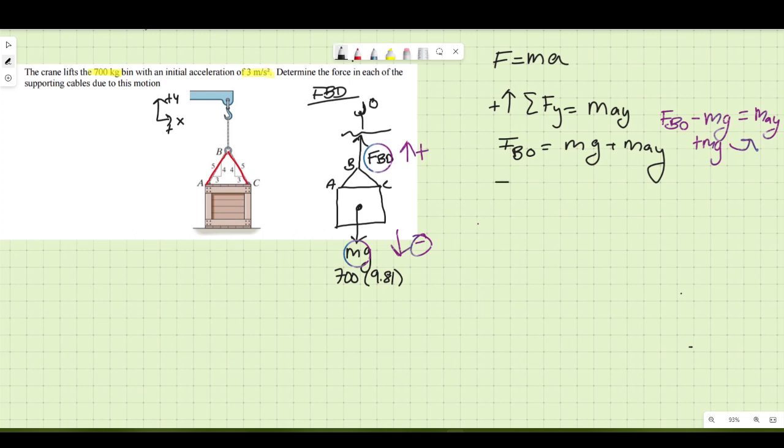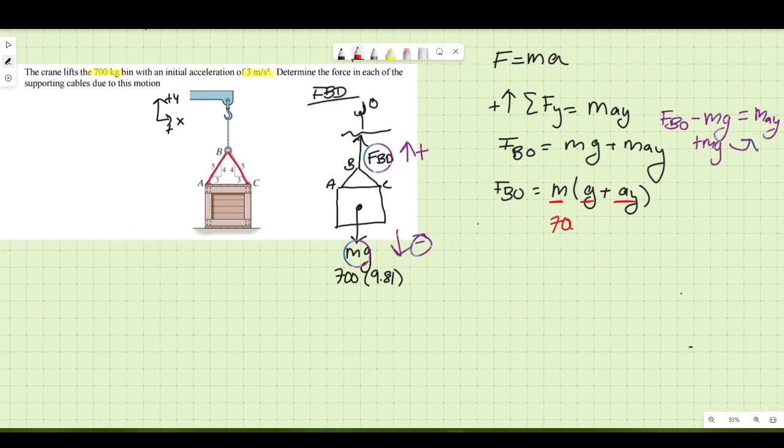From here, we could take mass and pull it out front. Consider y a subscript in this matter, just because we're summing forces in the y, acceleration in the y. We know all of these in the equation: we know what mass is, what gravity is, and what the acceleration is.